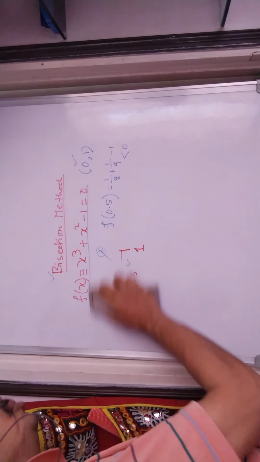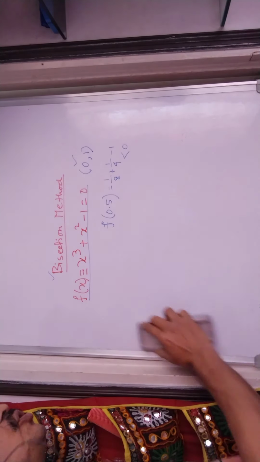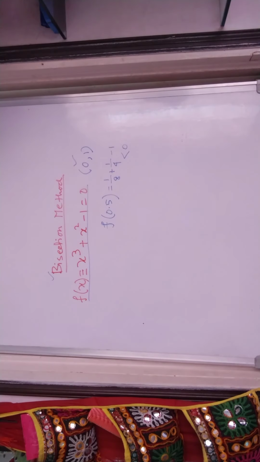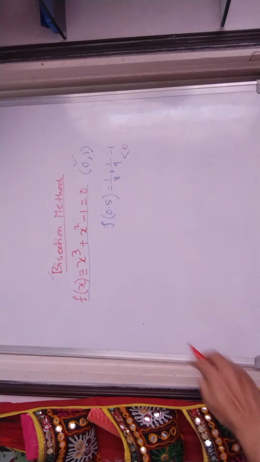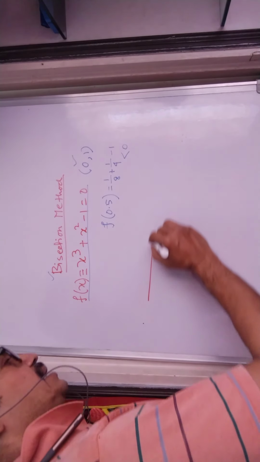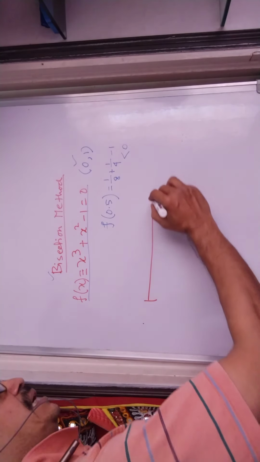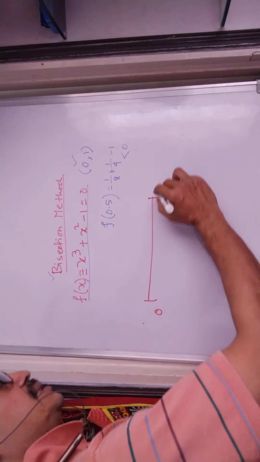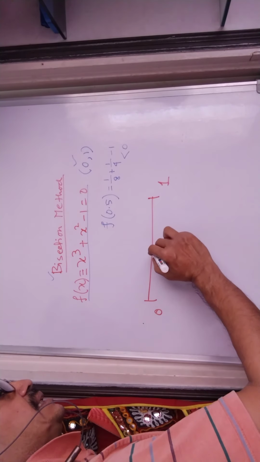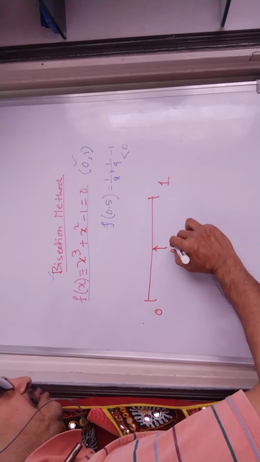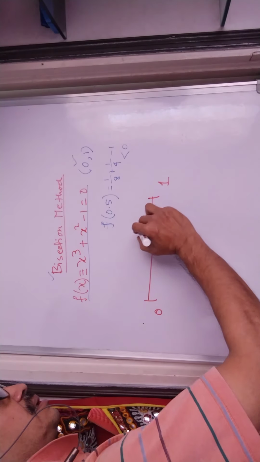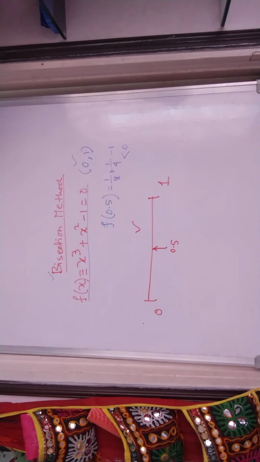So we move on to choose the interval. Let's not wipe out this picture. Let us draw it in a bigger way. This is 0 and this is 1 and this is 0.5, and now we are concentrating on this interval.